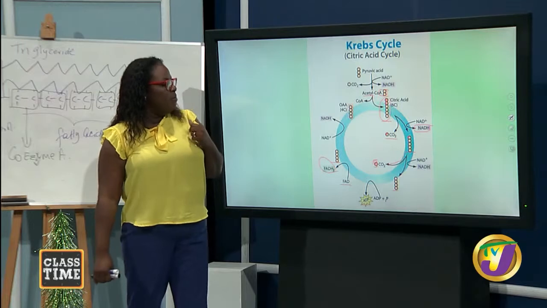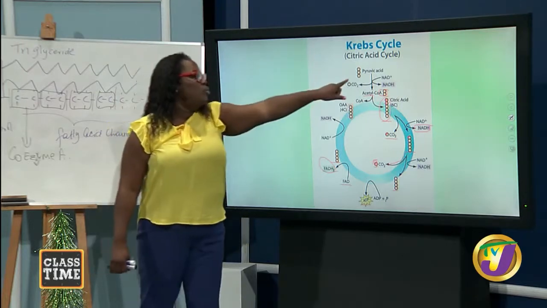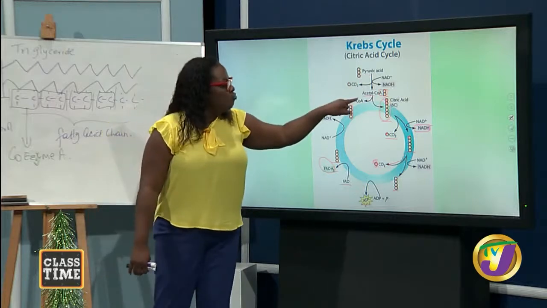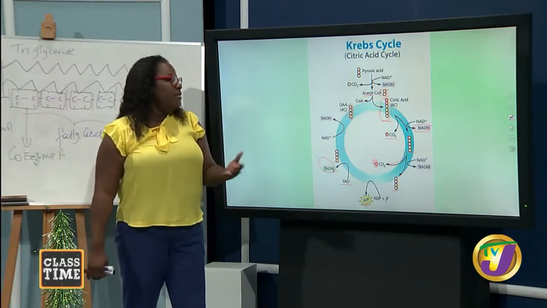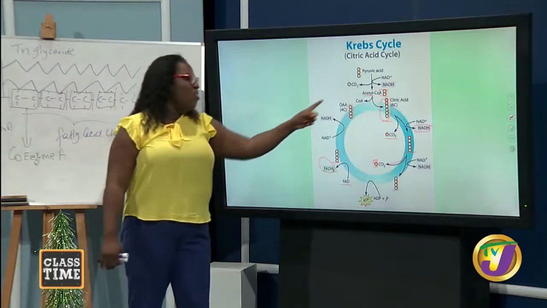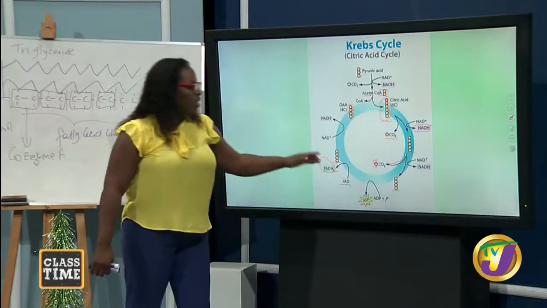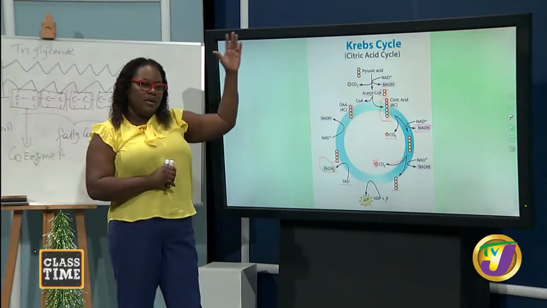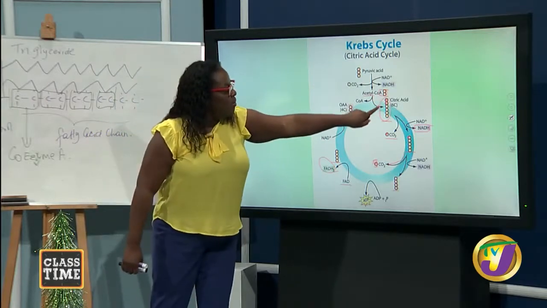Also remember, if you're starting with glucose, you would have had 2 pyruvic acid, which means there were 2 acetyl coenzyme A, which means that glucose will turn the Krebs cycle twice. So all of this is going to happen 2 times for every glucose molecule we start out with in glycolysis.